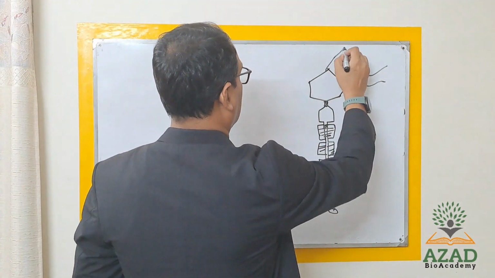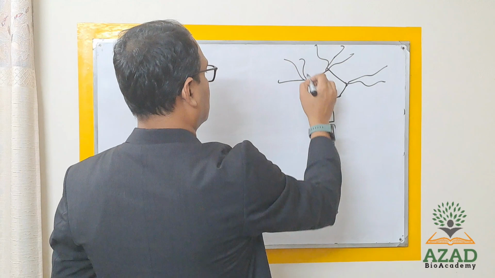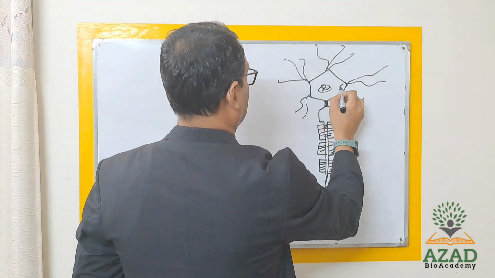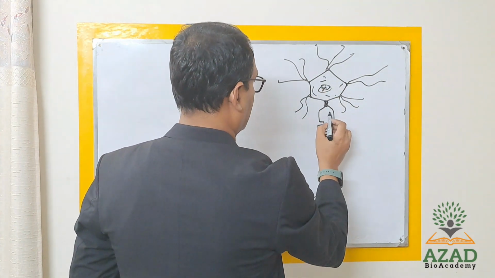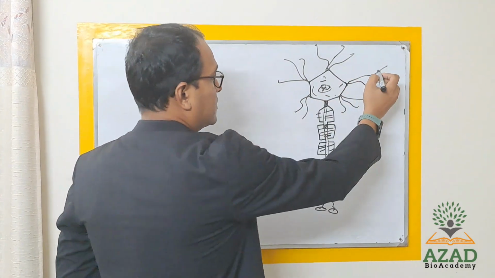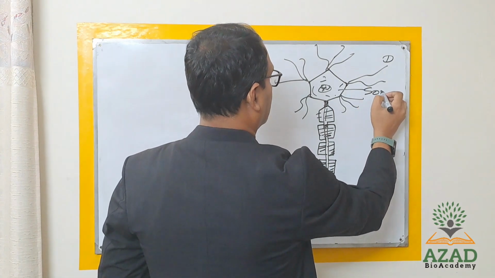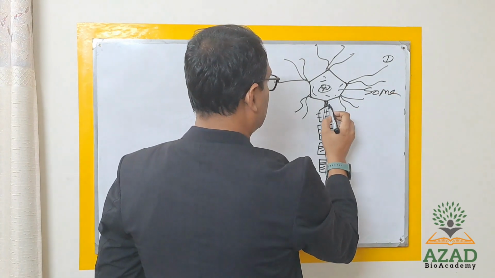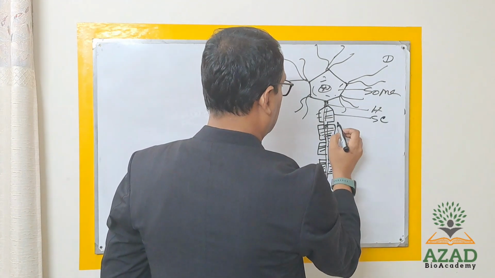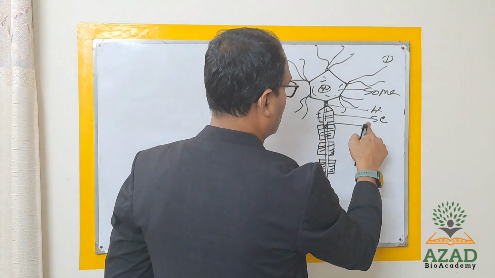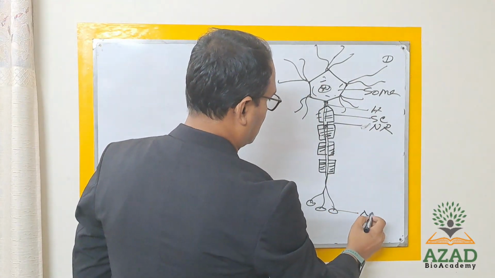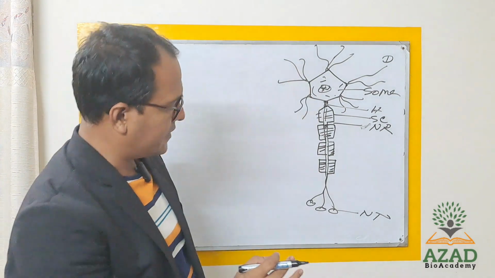This is your neuron or nerve cell. This is the dendrite, and this is the soma, and this is the hillock, and this is your Schwann cell, and this one is the node of Ranvier. And this is the nerve terminal. So this is the ideal neuron.